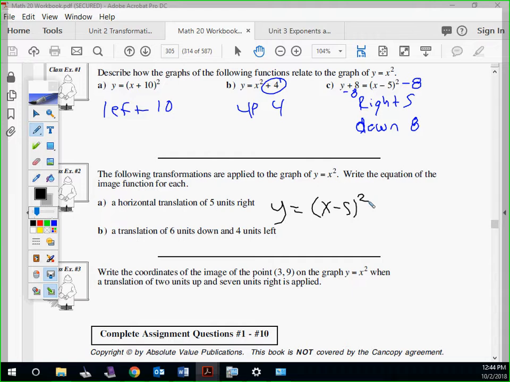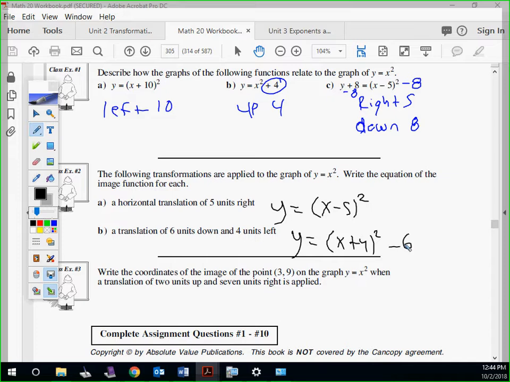Kale, what do you think for B there? So we're going left. Yep. Okay. 6 down, 4 left. Good.